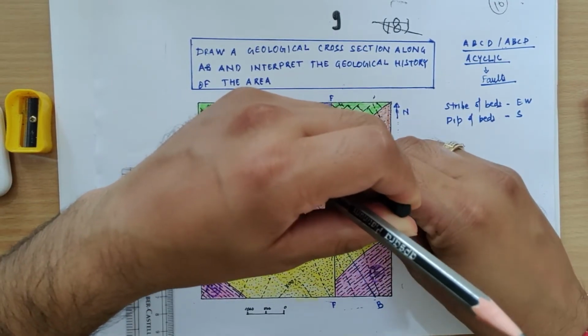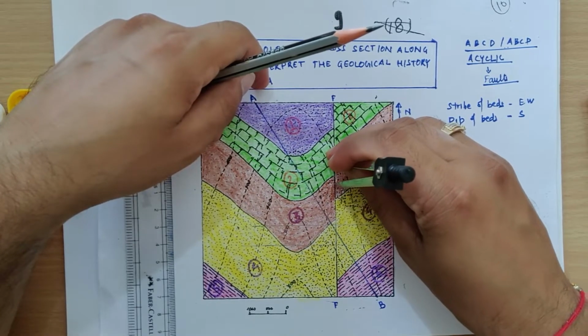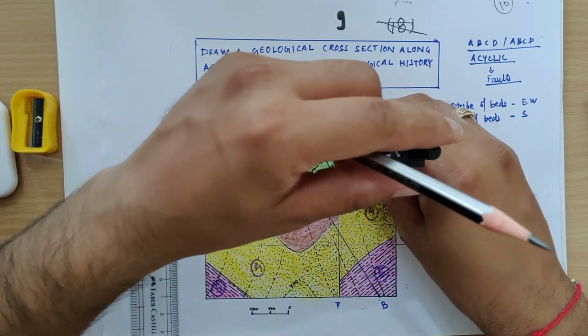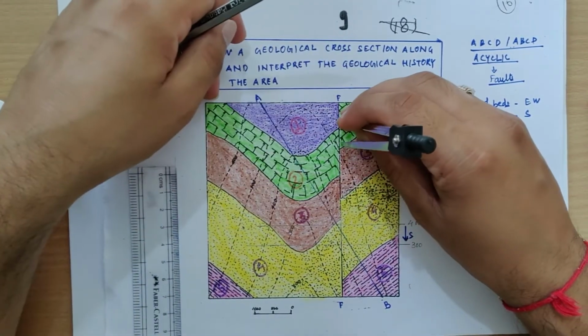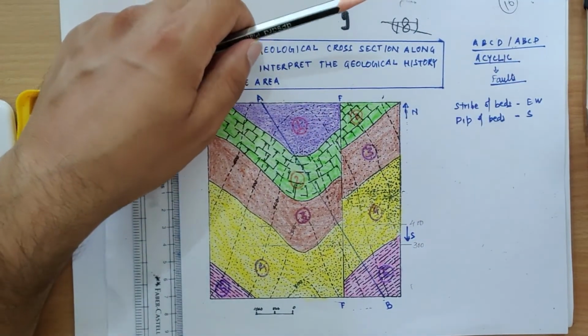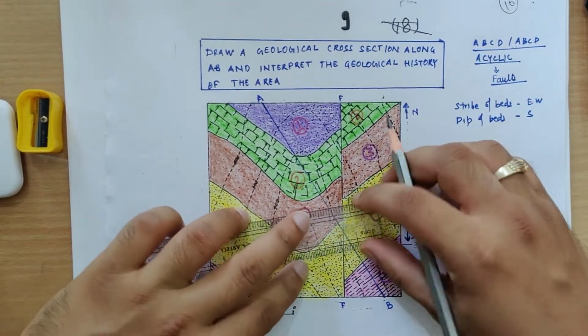So thickness can be determined by drawing strike lines in same block, and throw can be determined by joining strike lines in opposite blocks. So if we draw the strike lines in the same block on 2 different traces of the same bed, we can determine the thickness.